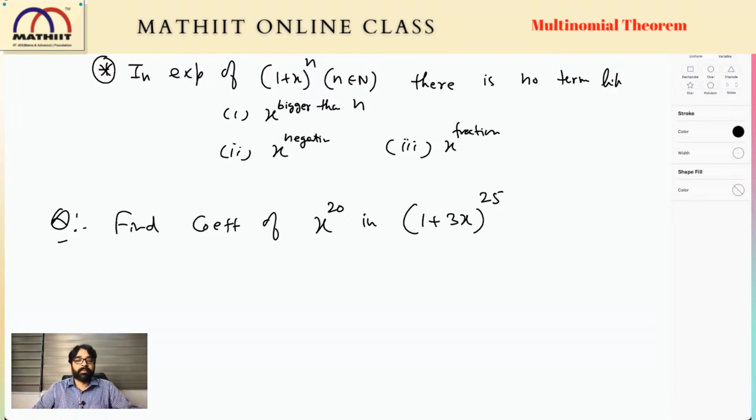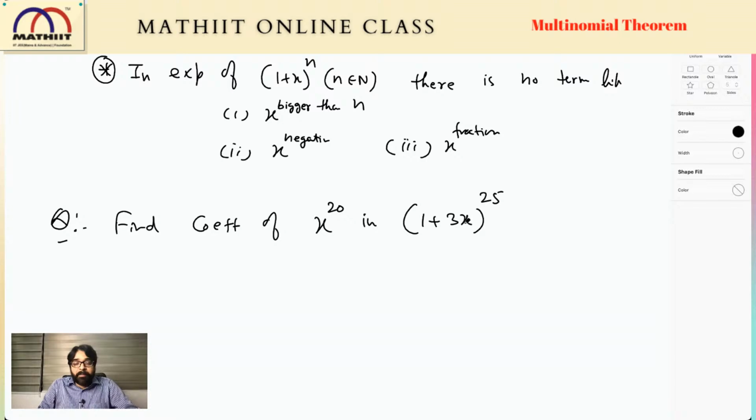Quickly. Coefficient of x power 20 in the expansion of 1 plus 3x power 25. Yes, very simple.